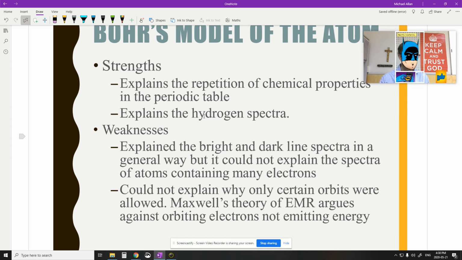It does have a weakness in that it's not super precise, but it does help us explain other spectrums. But it also doesn't get away with the fact that those electrons are technically orbiting. So they should still be emitting energy, and if they should be emitting energy, they should be collapsing on themselves.